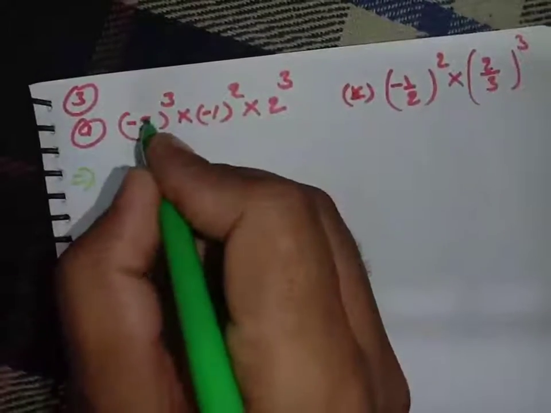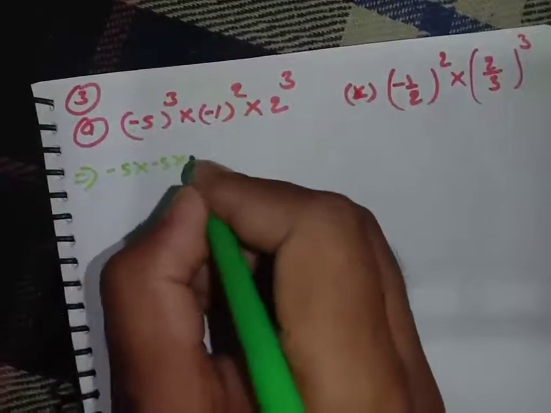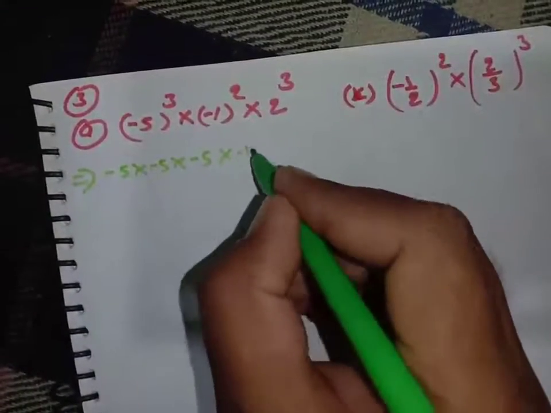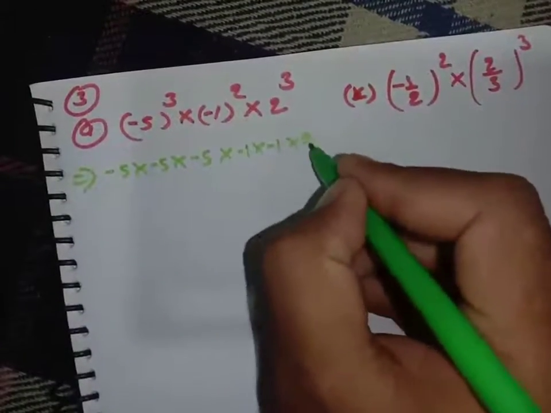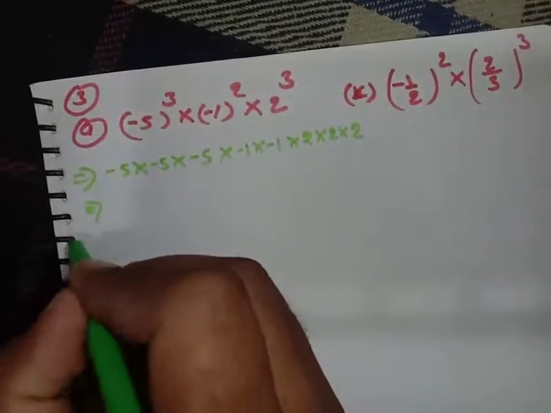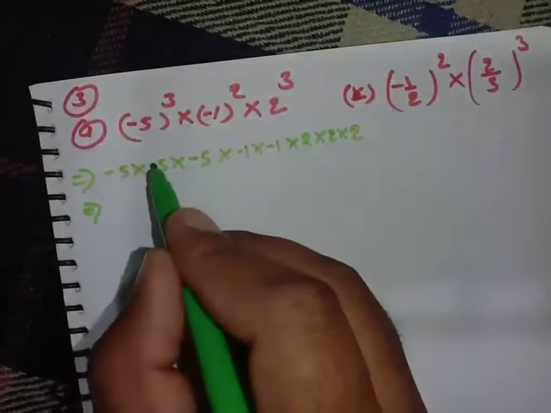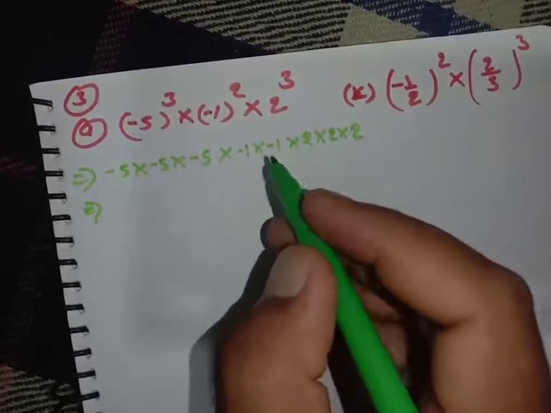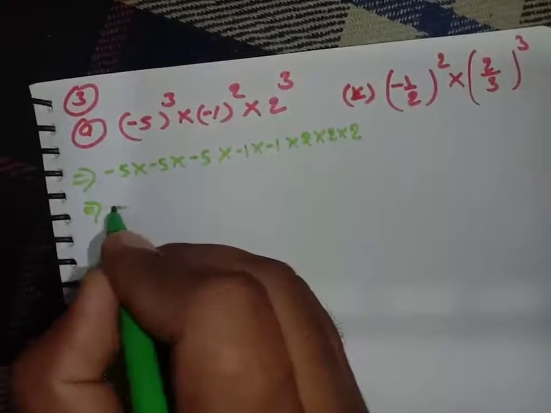Solve minus 5 to the power 3: minus 5 into minus 5 into minus 5; minus 1 to the power 2: minus 1 into minus 1; and 2 to the power 3: 2 into 2 into 2. Next, minus minus minus minus minus, 1 2 3 4 5, there are 5 times. The power of minus is odd, so the answer is negative.